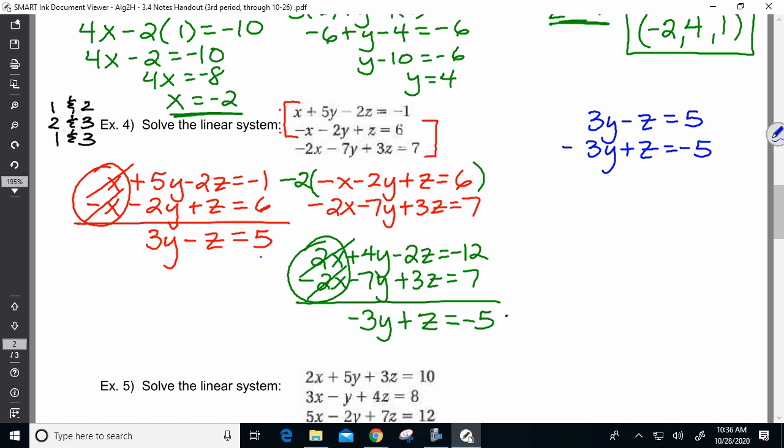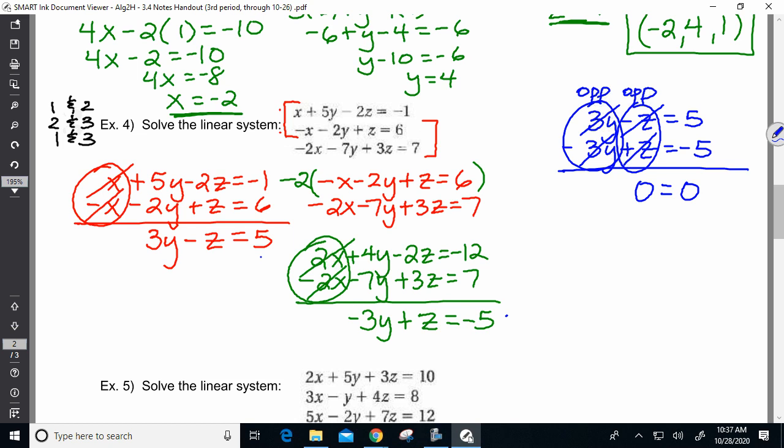So, here's our system. What do you notice about both the y's and the z's? They cancel each other out. They're all opposites, so they drop out. Those are opposites, they drop out. That's 0 equals 5 plus negative 5, 0. Everything dropped out, and 0 is always equal to 0.